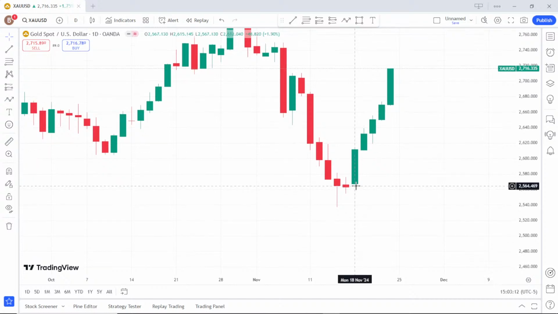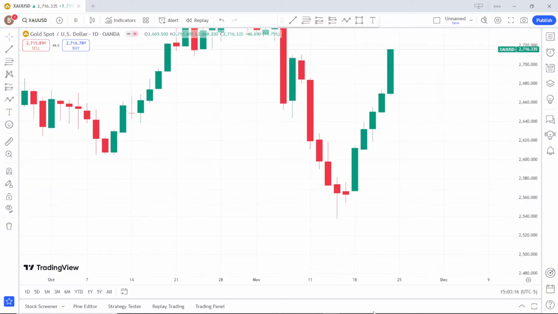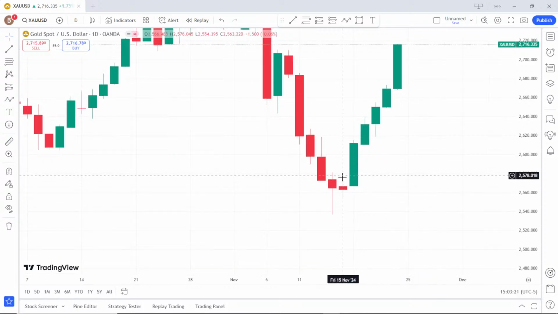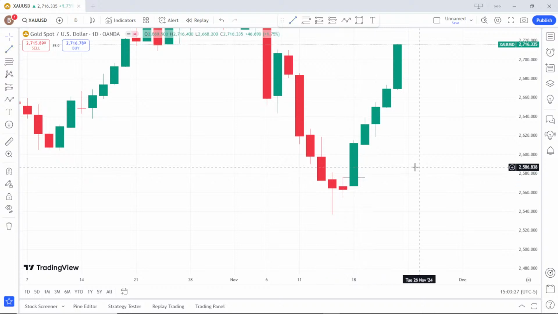My very first target, if I'm to be like a new trader, would be the previous day high. If I'm bullish, I'm expecting my first target obviously to be the previous day high.